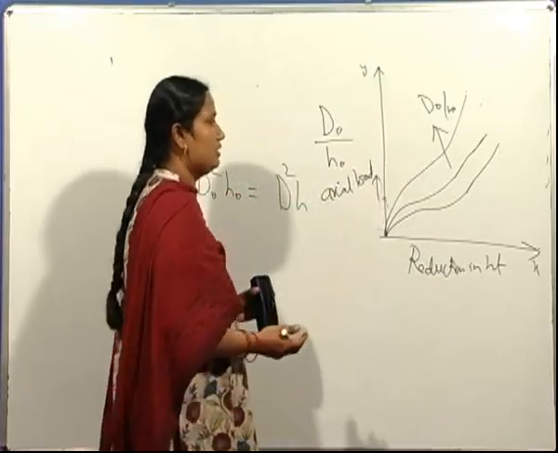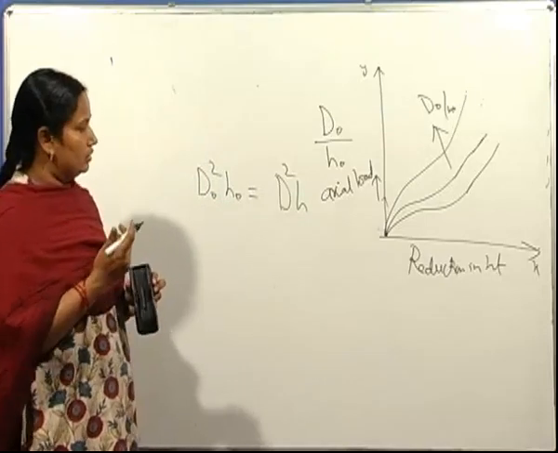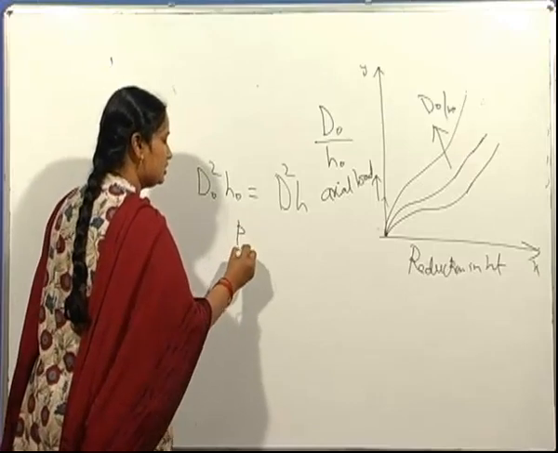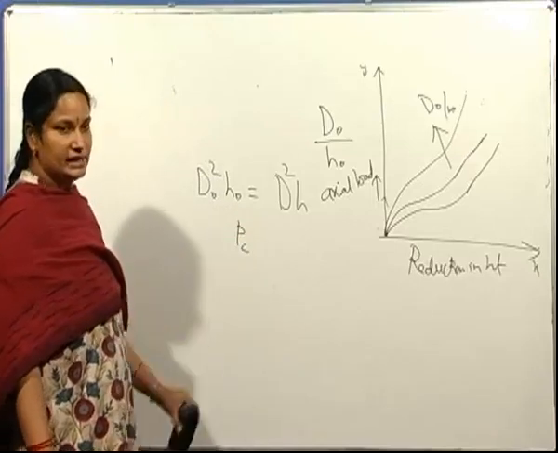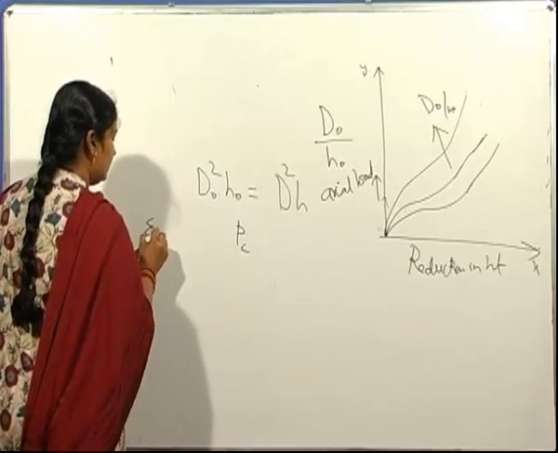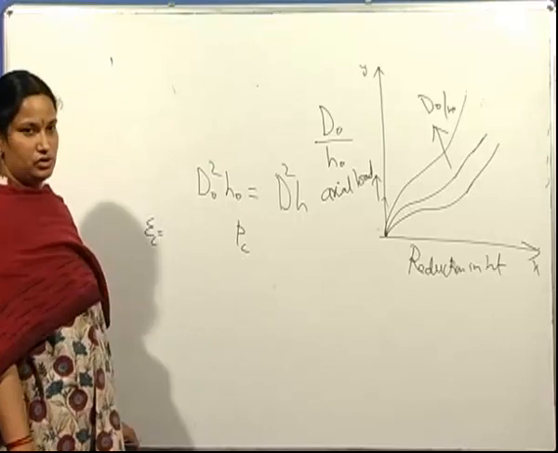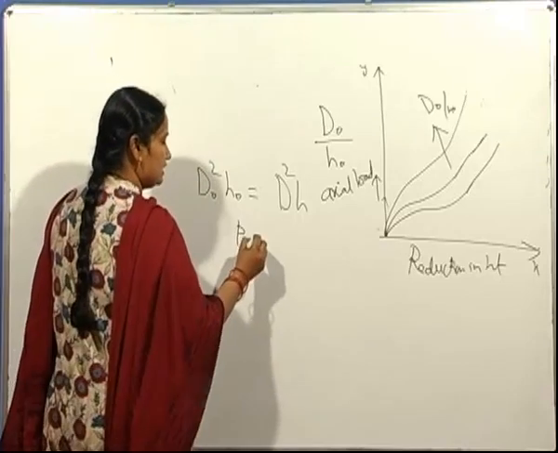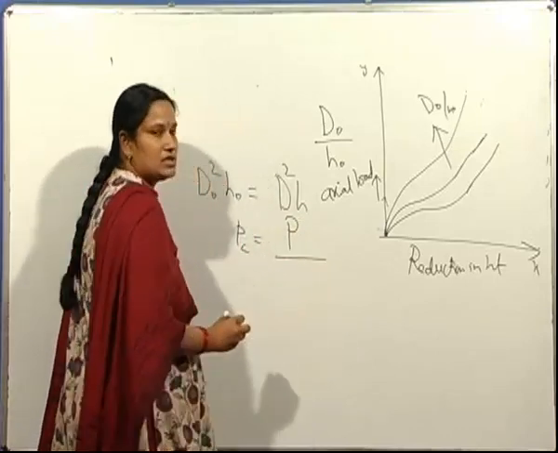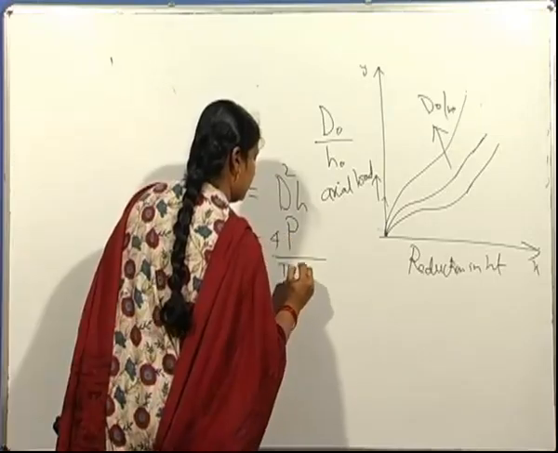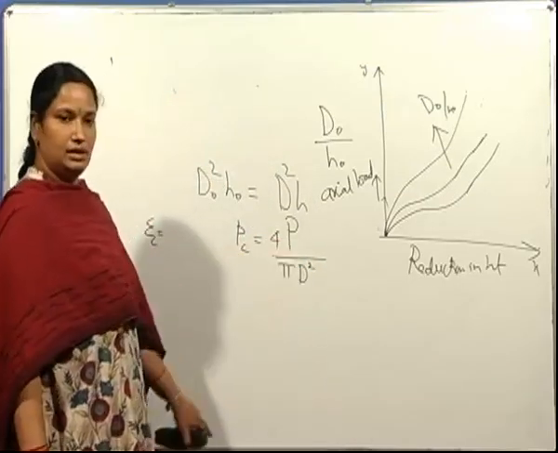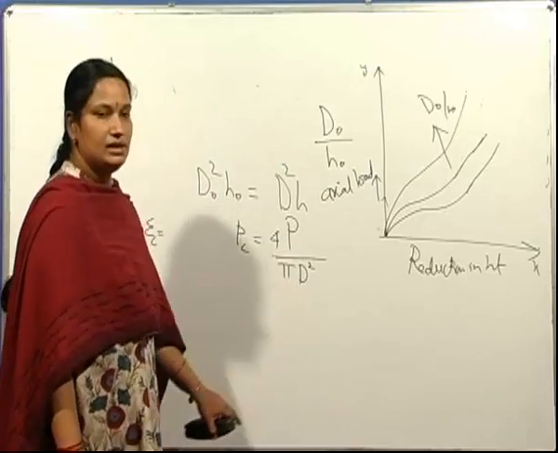So from this, one can determine the true compressive stress as well as the true compressive strain. P subscript C indicates the true compressive stress, and epsilon C indicates the true compressive strain. So compressive stress is equal to the compressive load divided by the cross-sectional area, pi by 4 d square. P is the compressive load, d is the diameter.